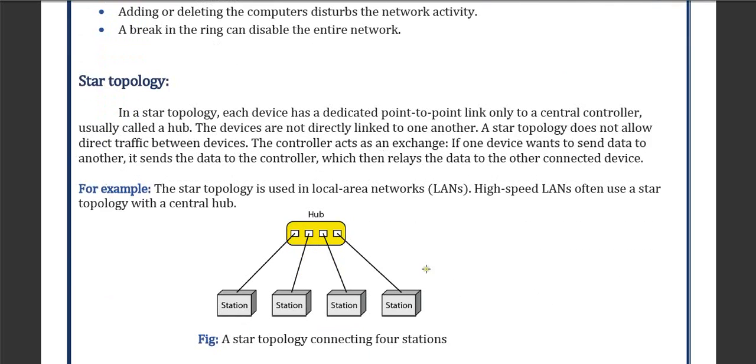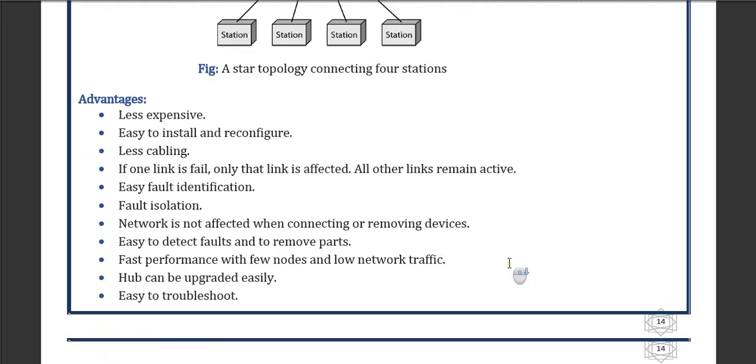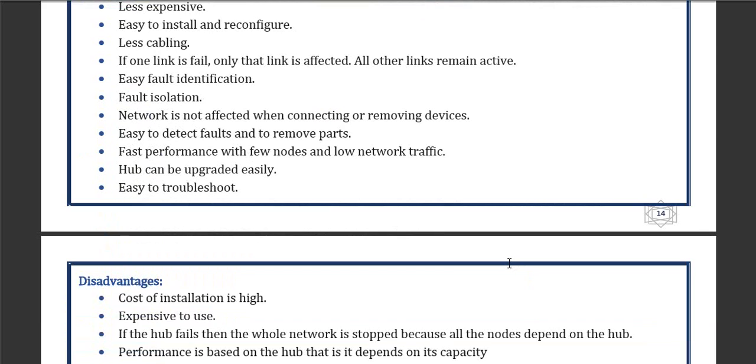Now star topology. We have a central device and all other stations are connected with this station. This is known as a star topology, which is basically used in the local area network or LAN. The advantages and disadvantages of this are given.